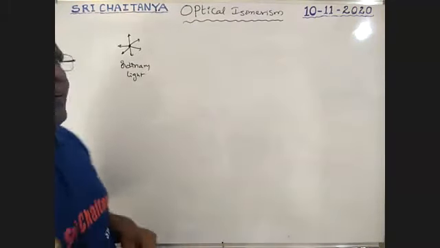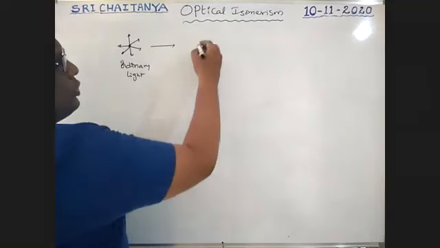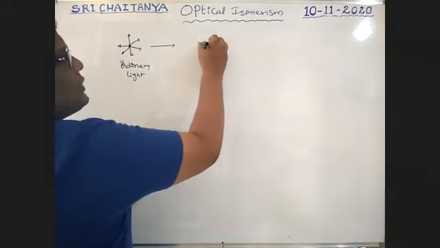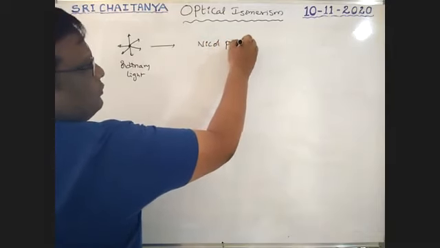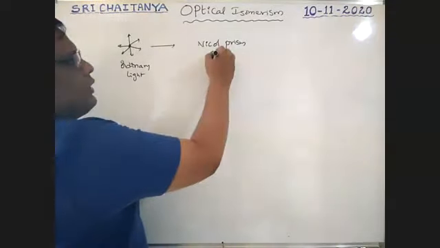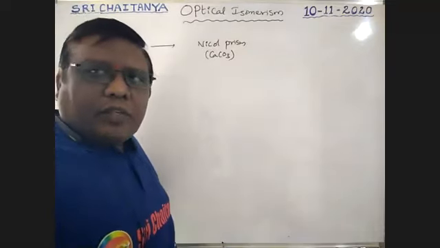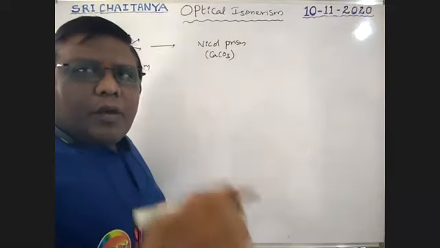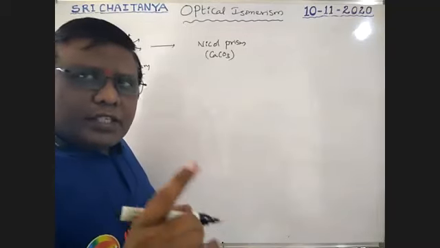If this ordinary light is passed through a Nicol prism, a type of prism made with CaCO3, all those directions are cut off.